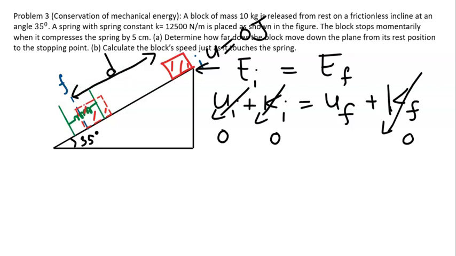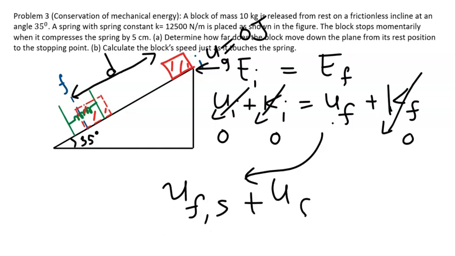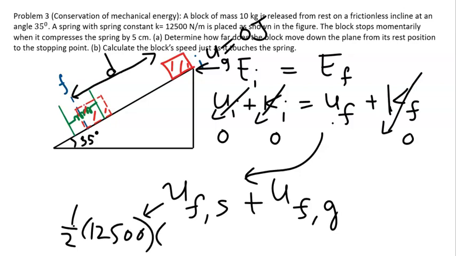Now we remind you that this U equals 0 is the gravitational potential energy. At the final point, there are two different kinds of potential energy: the final spring potential energy and the final gravitational potential energy. The final spring potential energy is half times k, which is 12,500, times the stretch, which is 0.05 meters, since 5 centimeters is converted into meters.